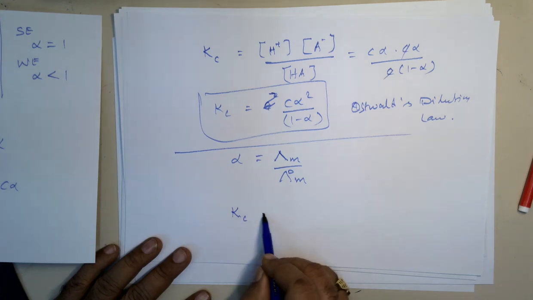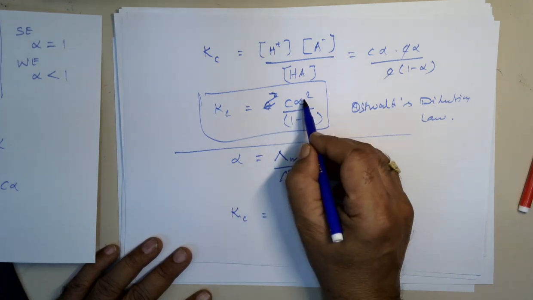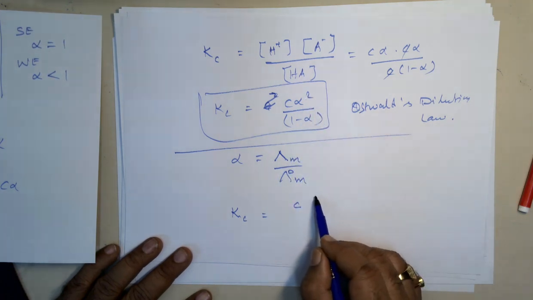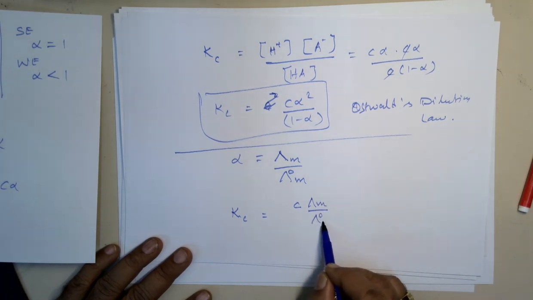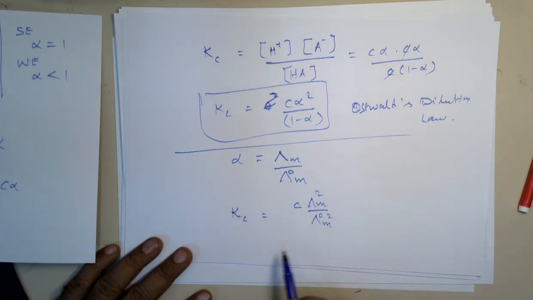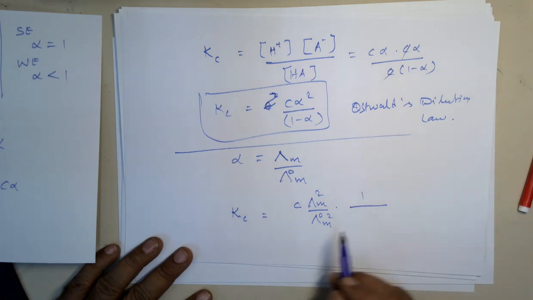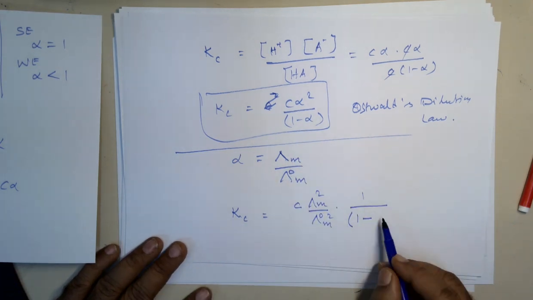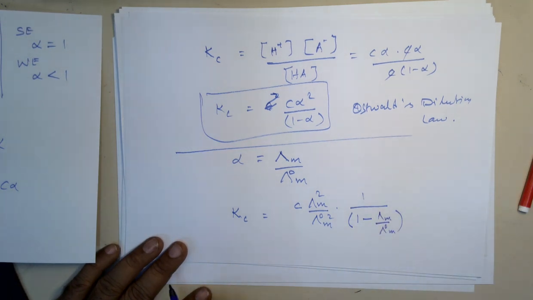So Kc is equal to C into alpha squared, that is lambda m divided by lambda naught m, the whole squared, into 1 divided by 1 minus alpha, where again alpha is lambda m divided by lambda naught m. Are you able to follow?